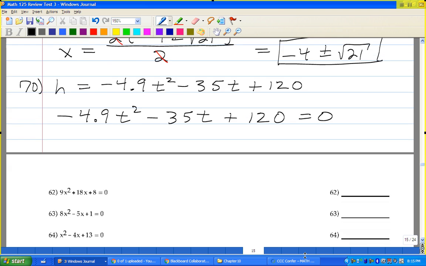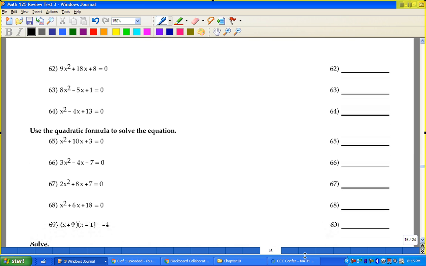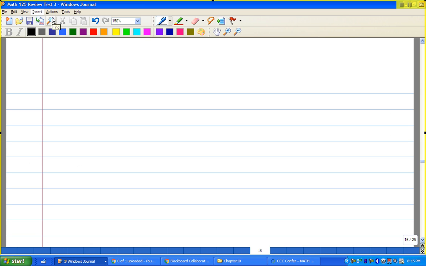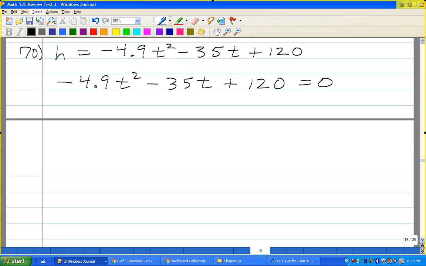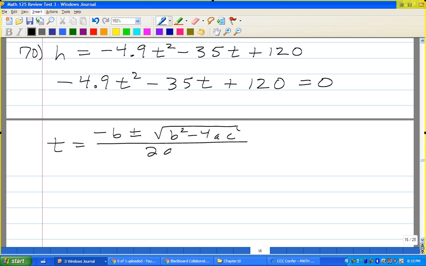Let me add another page here. So let's use the quadratic formula. t is equal to negative b plus or minus the square root of b squared minus 4ac all over 2a. And let's plug into the formula.